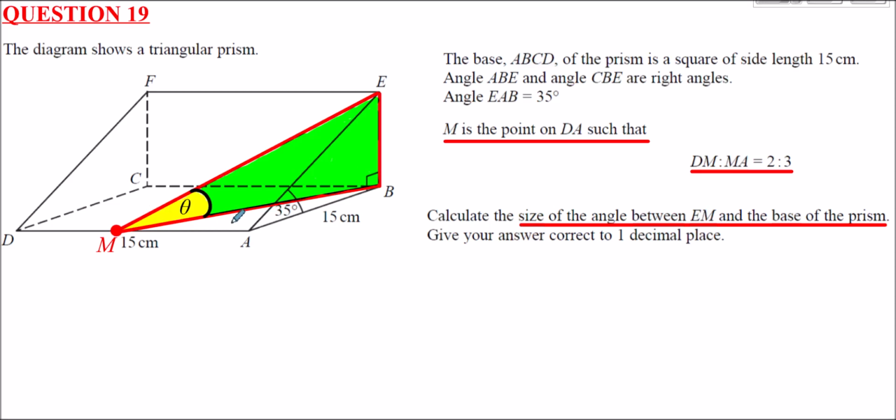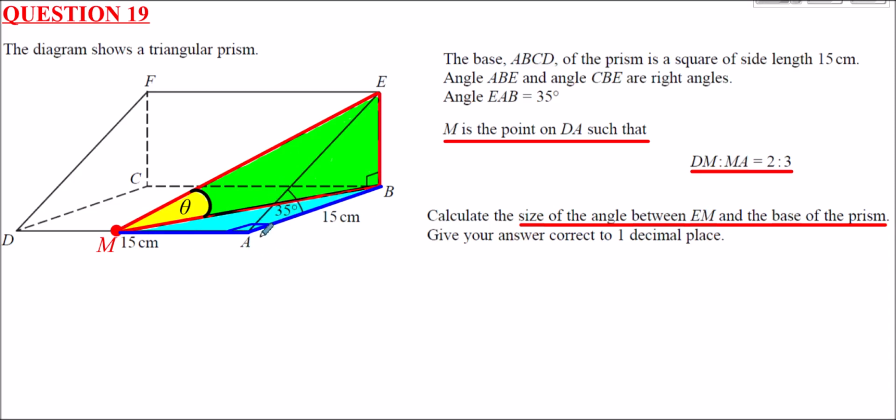However, currently, we don't really know anything about this triangle I've colored in green to work out this angle theta. For example, I don't know this EM line here, I don't know the length of that. I don't know the length of EB, and I certainly don't know the length MB. However, if we look closely, we can see that the line MB is a shared side with this triangle from M to A to B. So this triangle in blue shares a side MB with the green triangle.